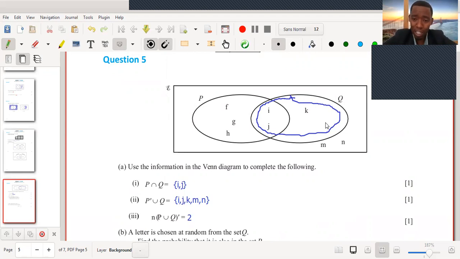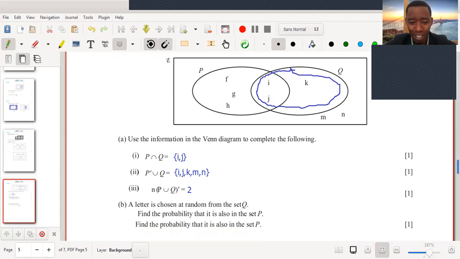Those elements which are in P and in Q at the same time are I and J. And the sample space we are talking about will be Q. And Q contains 3 elements. So what we do here, we take the elements in common, which are 2, over the total of Q. Q is 3, because we have I, J, and K. So the answer is 2 over 3.